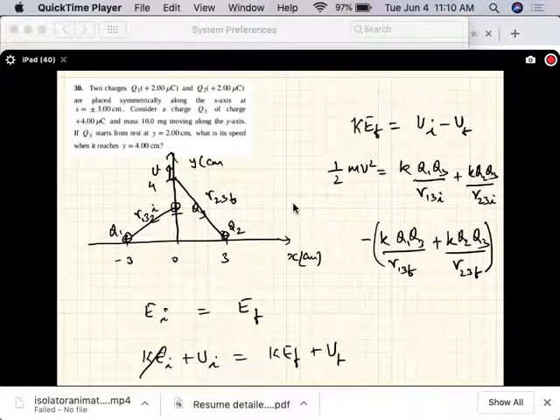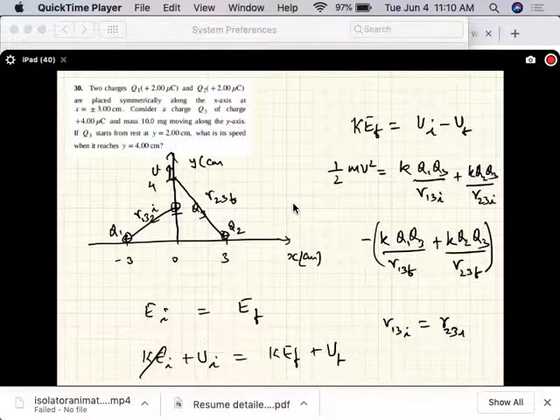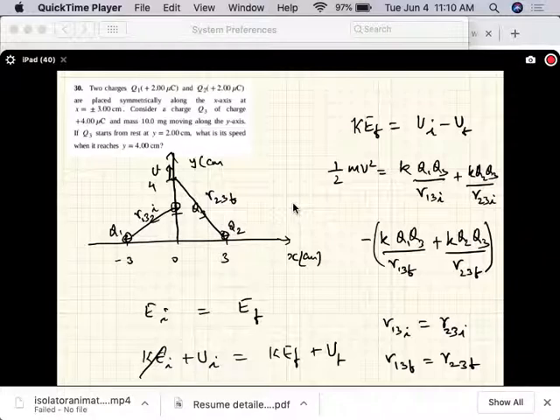Now you guys understand this, R13 initial equal to R23 initial and R13 final equal to R23 final. And since the charges are the same, Q1 equal to Q2, that'll simplify all expressions.